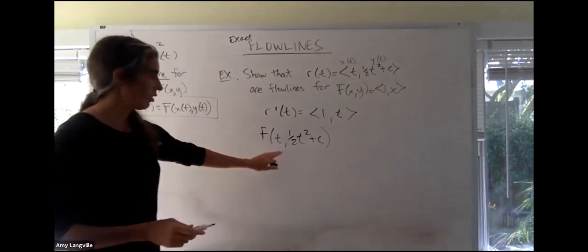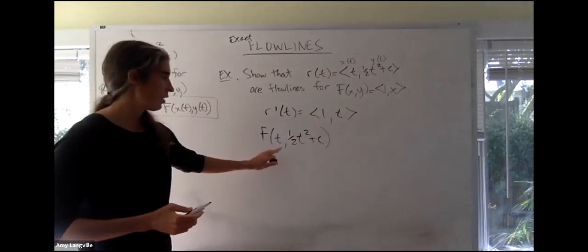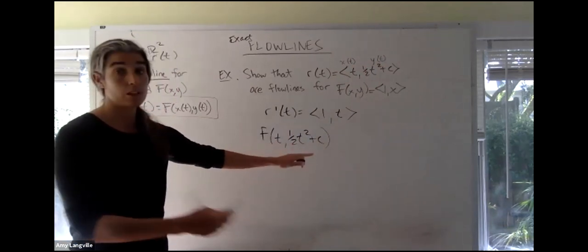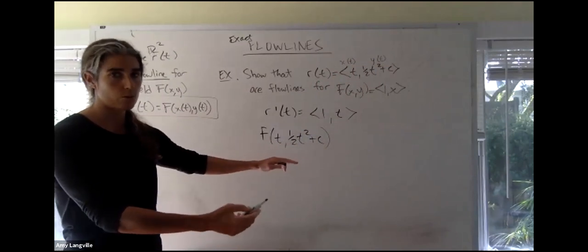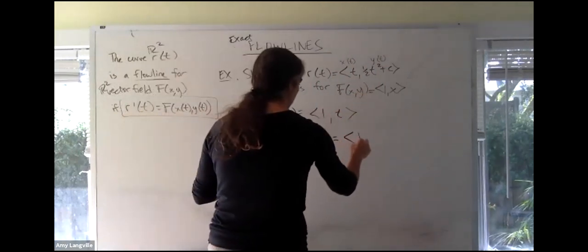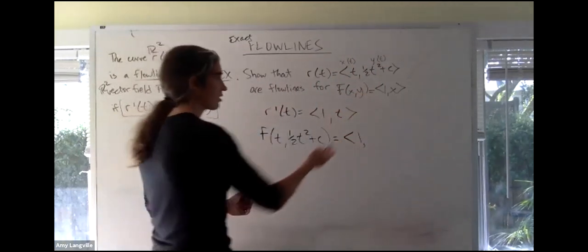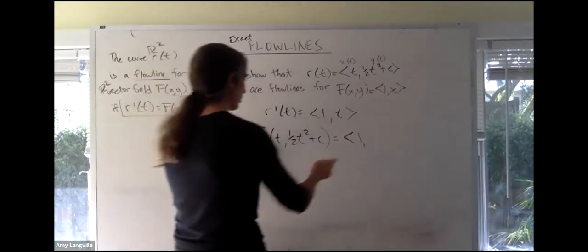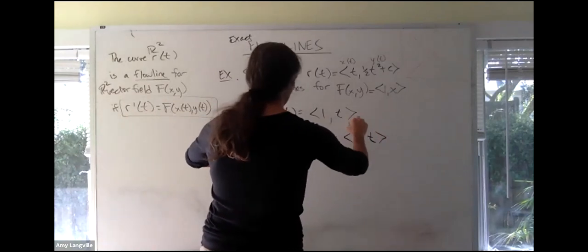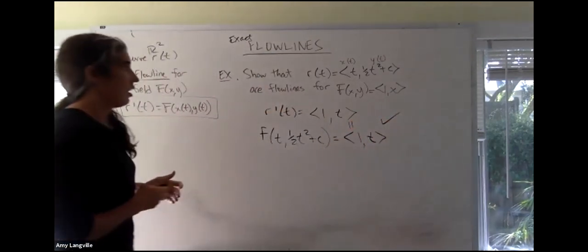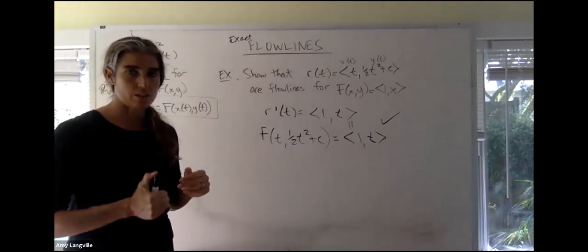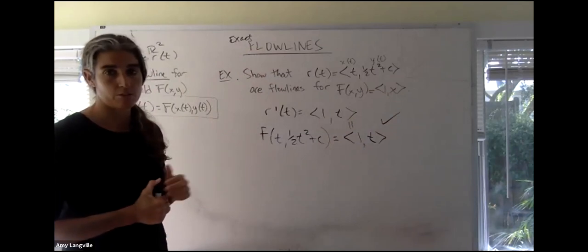So if that was the input to your vector field, if x was t, y was 1/2 t squared plus c, plug that into the vector function for your vector field, which says, oh, the first component is just 1, that's a constant, nothing changes. The second component is your x, which in this case is just t. They match, check. This is an exact flow line, the explicit equation of a flow line for this particular vector field.